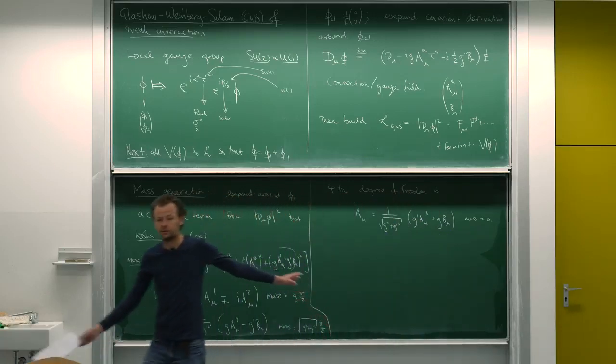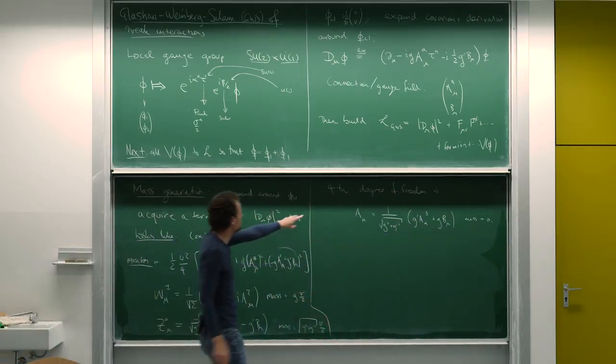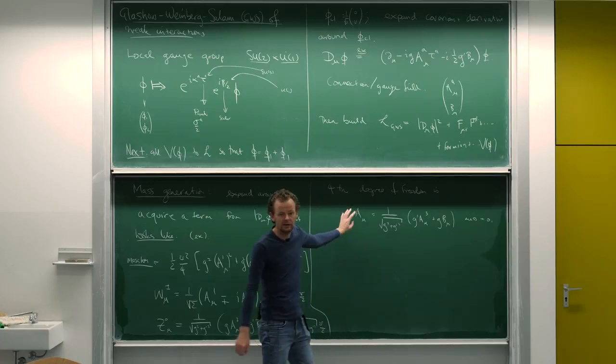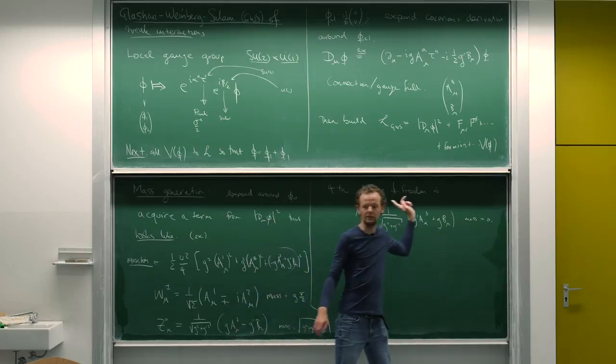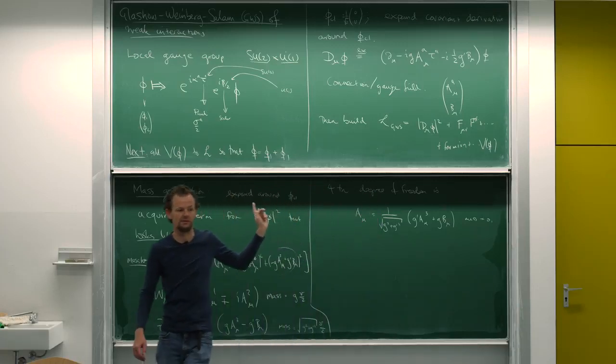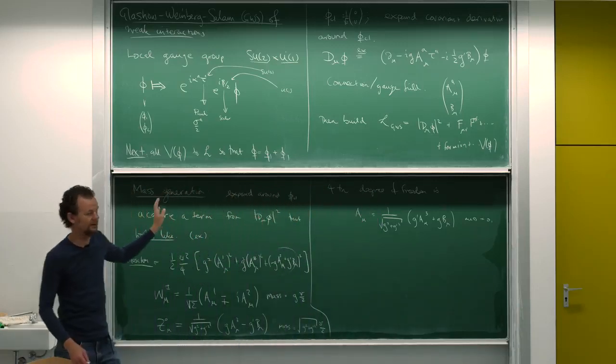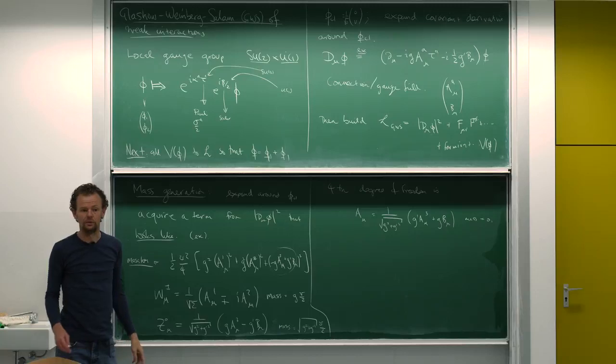And that fourth degree of freedom here, A mu, without the superscripts, that's what we attach to the photon. And it has zero mass according to this prescription here because it's annihilated by the generator of the U1 transformation.